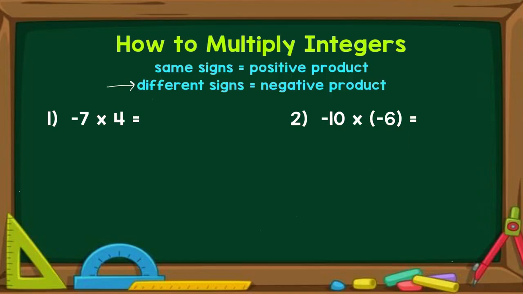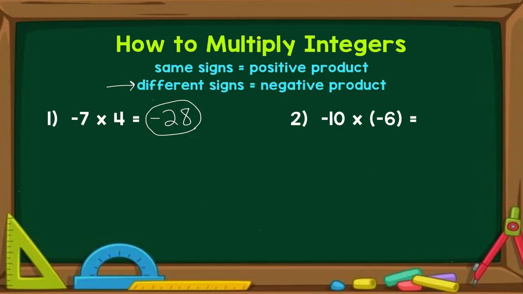Now, when we're working with different signs, this tells us our product, the answer to a multiplication problem, will be negative. So -7 times 4. Well, 7 times 4 is 28. And then we know this product is negative because we are working with different signs. So this is -28. And that's our final answer.